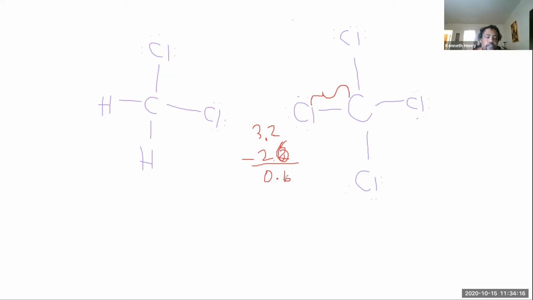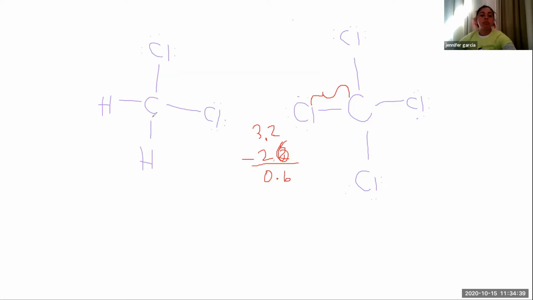What is the rule? 0.6 and below is non-polar. 0.6 to like 1.8 is polar, and then greater than that, it's an ion. Okay. So this guy would be polar.